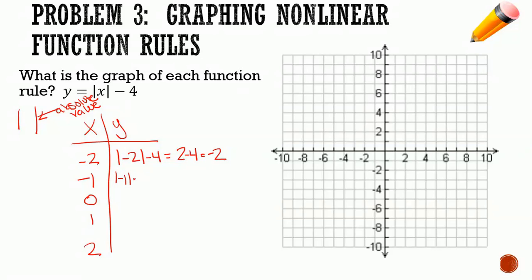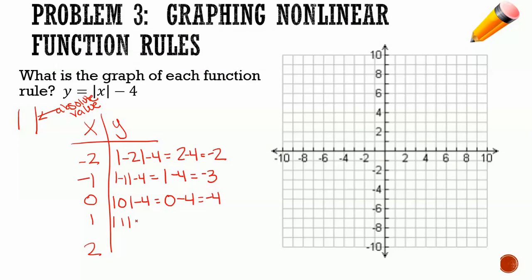Let's try plugging in a -1. Absolute value of -1 is a +1. So I'll get 1 minus 4 is -3. Let's plug in a 0. Well, 0 is 0 from 0. So 0 would be absolute value of 0. So my answer is -4.